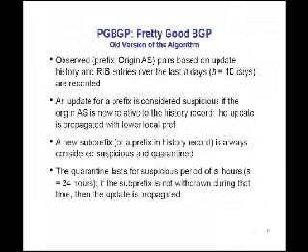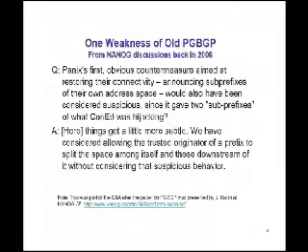If it is a new subprefix, then it is always considered suspicious and quarantined. So this is an older version of PGBGP. We'll also look at a newer version. The quarantine lasts for a suspicious period of, say, 24 hours. And during that time, if it is not withdrawn, then the subprefix update is propagated.